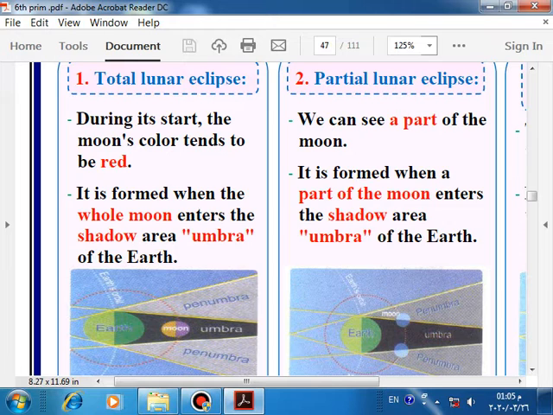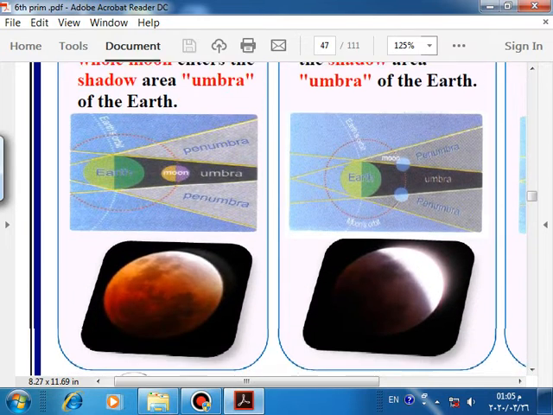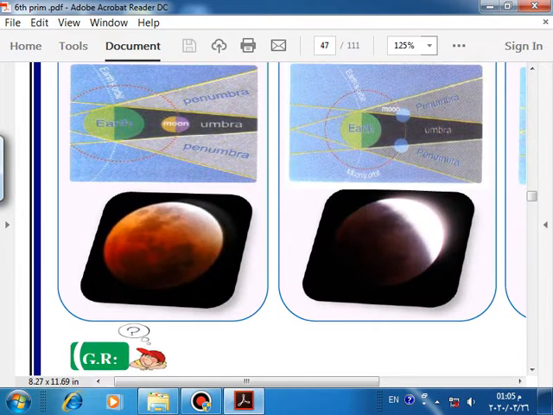In the second type, the partial lunar eclipse, part of the moon enters the shadow area or the umbra of the earth. We can see a part of it. Like we see in the picture, in the total lunar eclipse, the moon color tends to be red. In the partial lunar eclipse, we can see part of the moon.